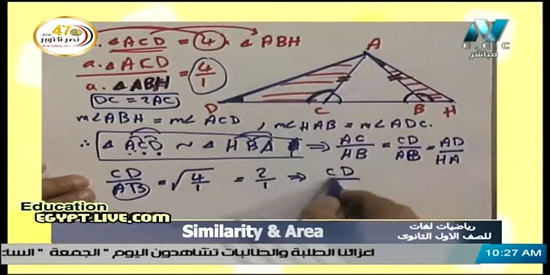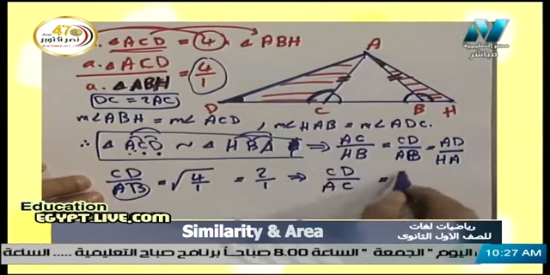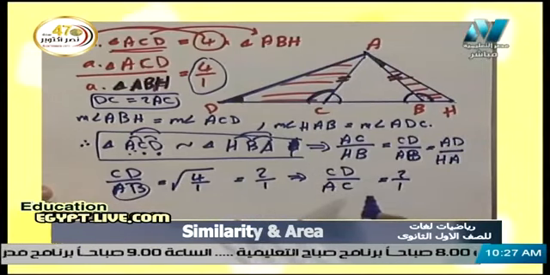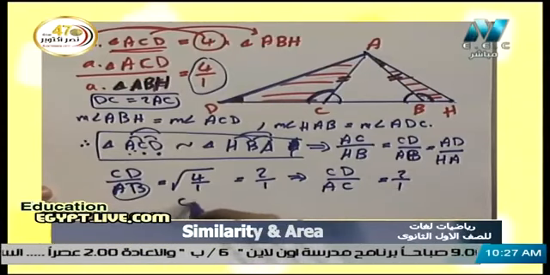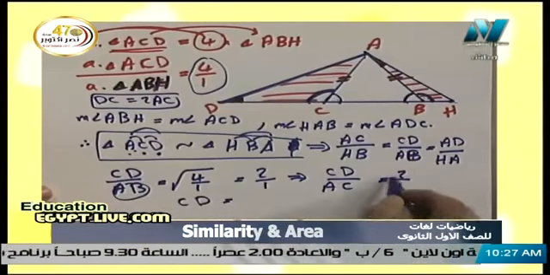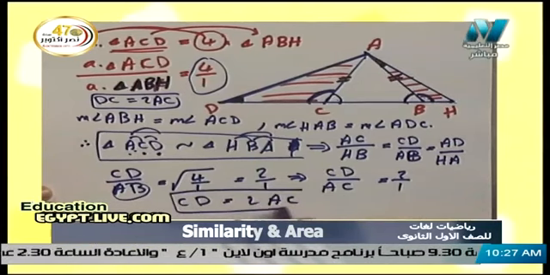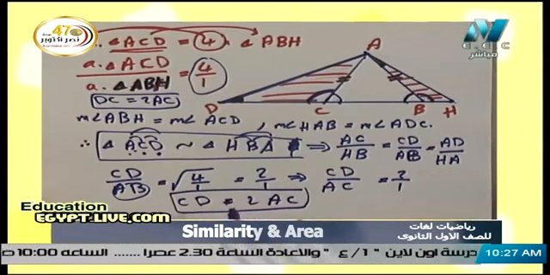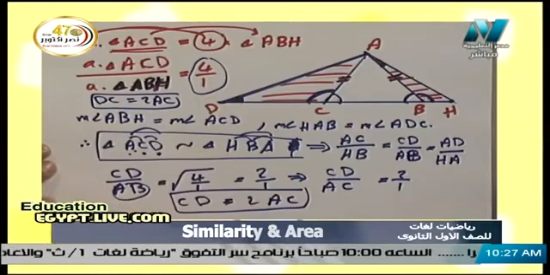So CD over AC equals 2 over 1. And by using cross multiplication here, CD multiplied by 1 equals CD, equals 2 multiplied by AC. And now we proved the request, which is DC equals double AC.